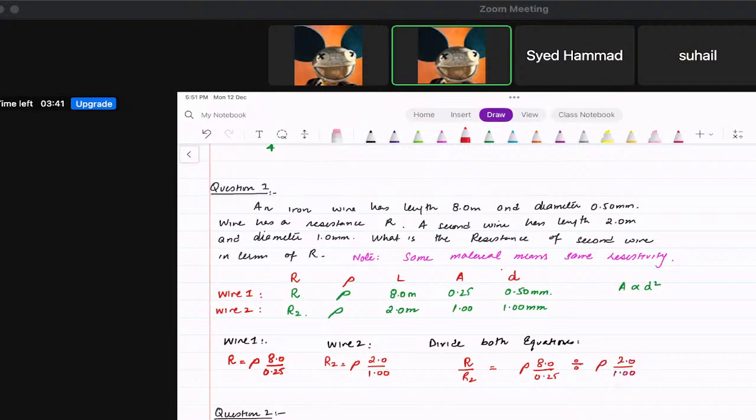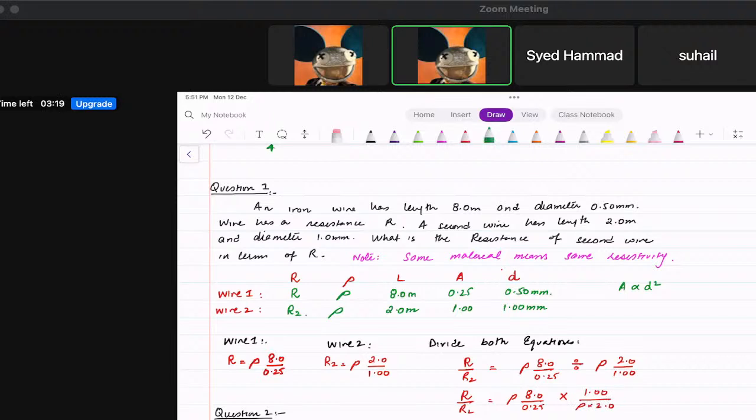So when you open it up, this is going to be rho 8.0, 0.25, and when you multiply, change the sign, 1 will go up and rho times 2.0 comes down. So you have to take the reciprocal.